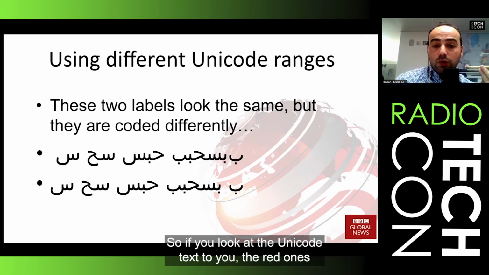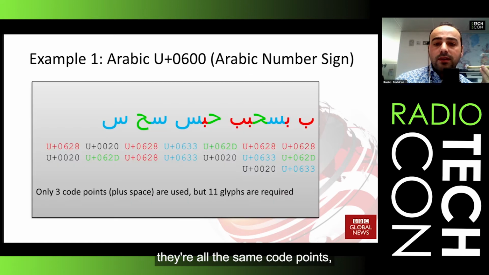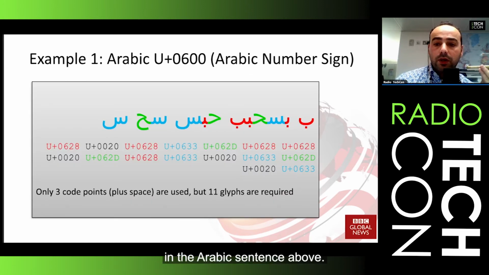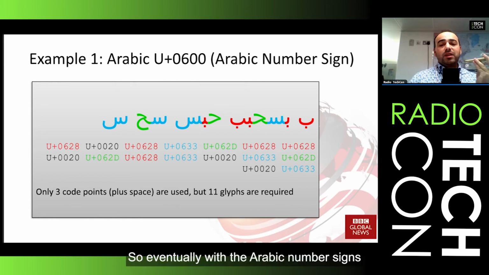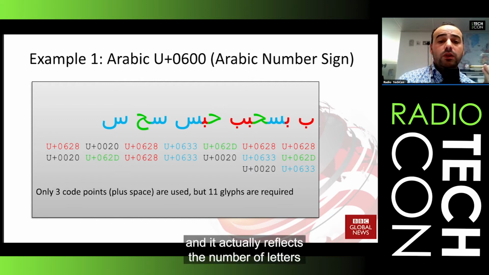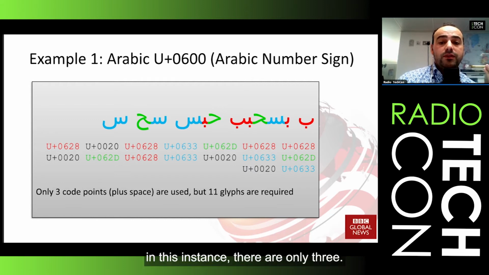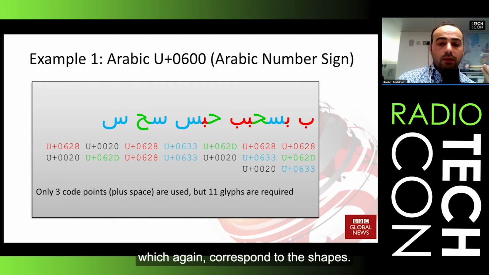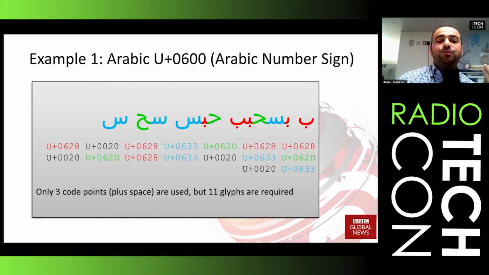If you look at the Unicode text here, the red ones are all the same code points, but they correspond to letters that are written differently in the Arabic sentence above. So with the Arabic number signs, for this sentence, we have only 3 code points, which reflects the number of letters in this sentence. However, there are 11 glyphs that are required, which again correspond to the shapes.